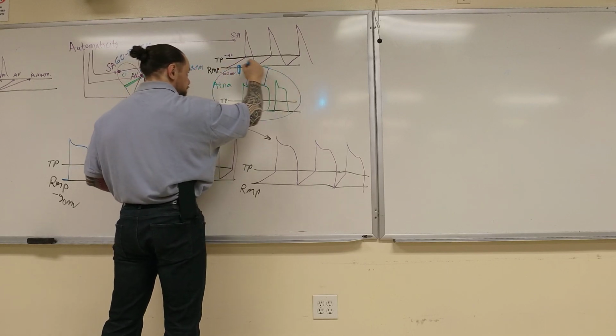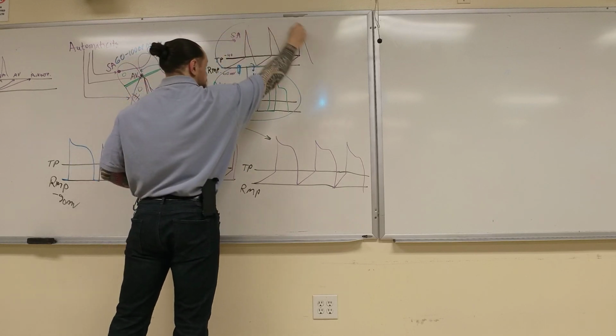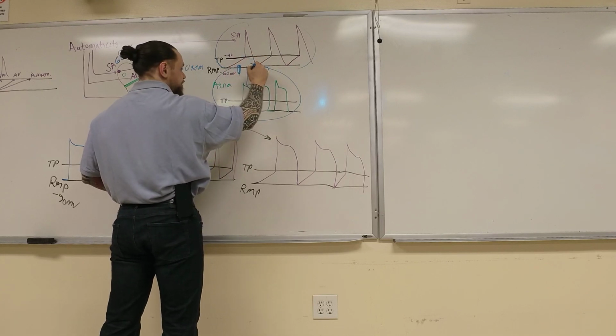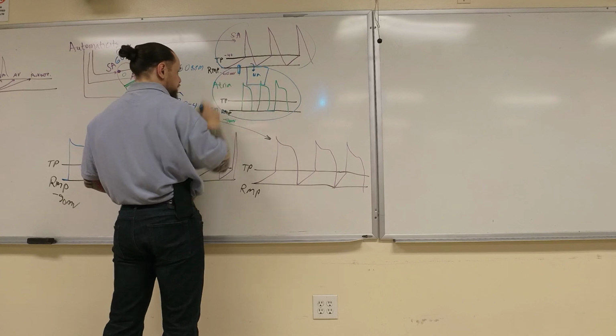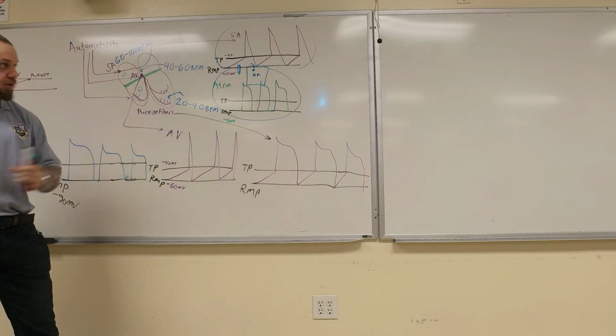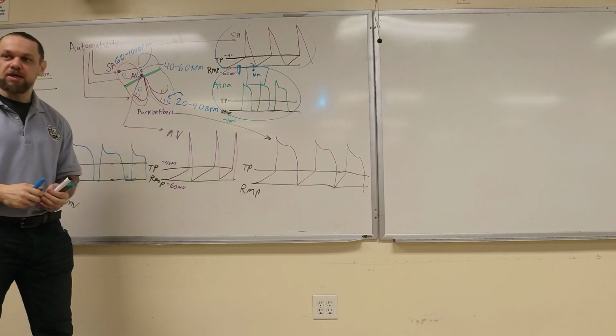Let's say this is the atrial cell, this is the SA node cell. Once the SA node fired, some sodium will trickle in via gap junctions to the atria, and then the atria will depolarize.